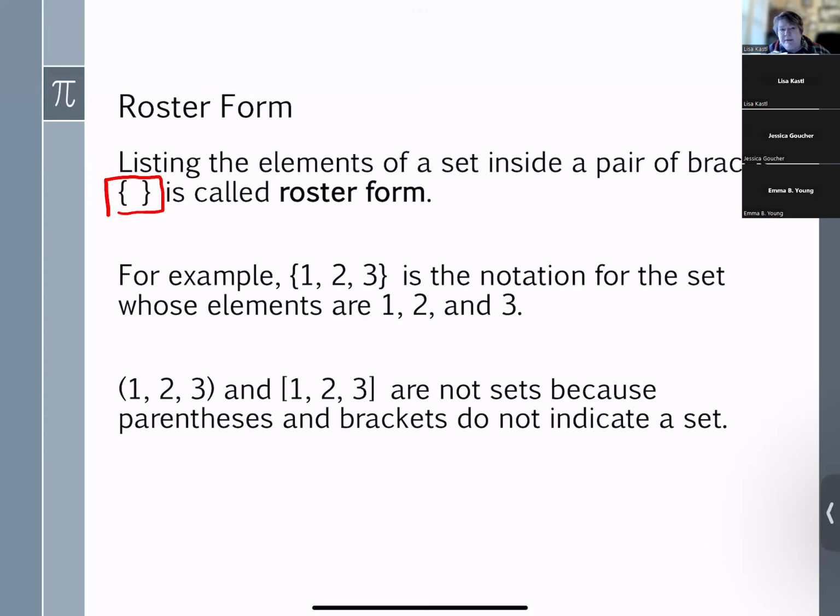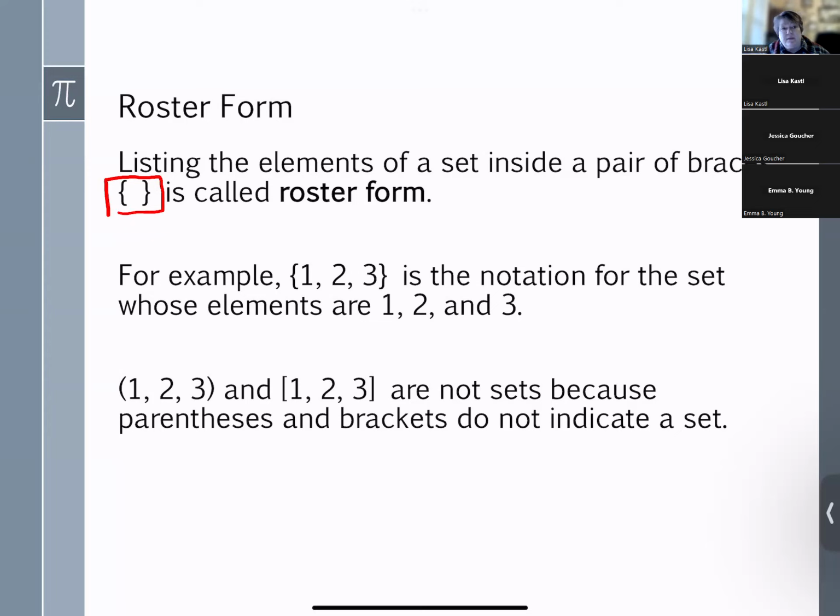If it's a brace and it's things separated by commas, that is a roster that describes a set. So for example, a brace, a 1, a comma, a 2, a comma, and a 3 is the roster notation that describes the set that contains the elements 1, 2, and 3.